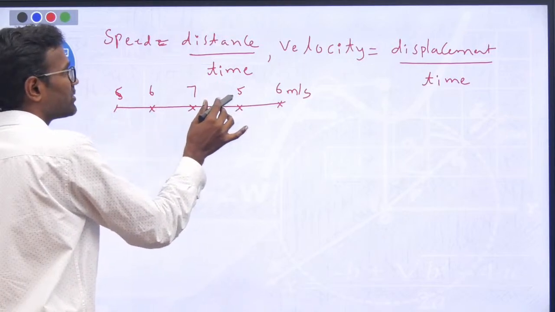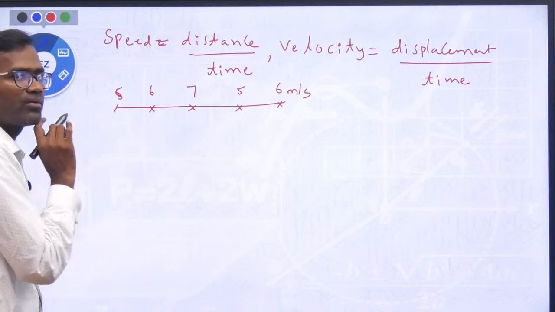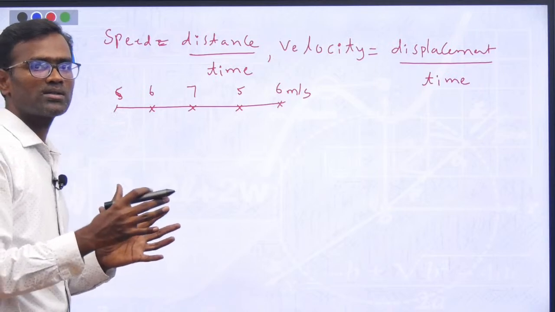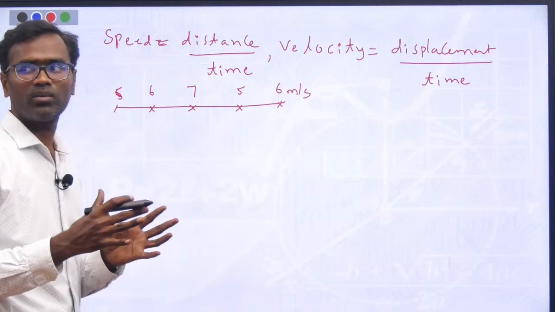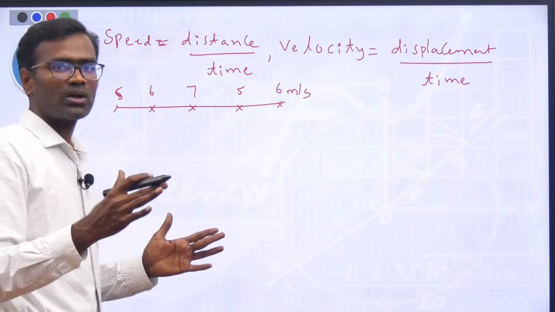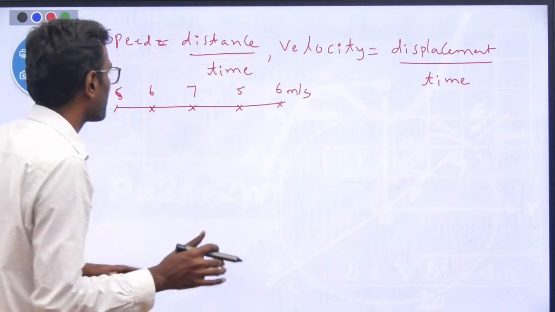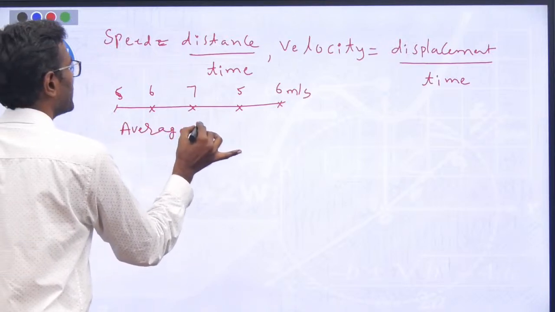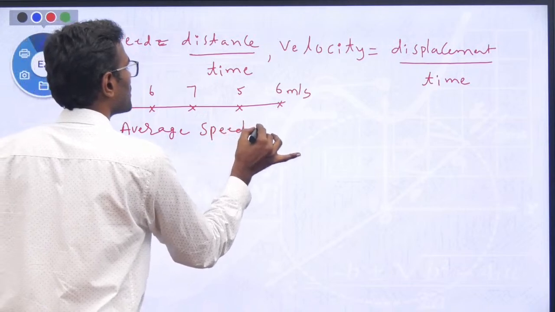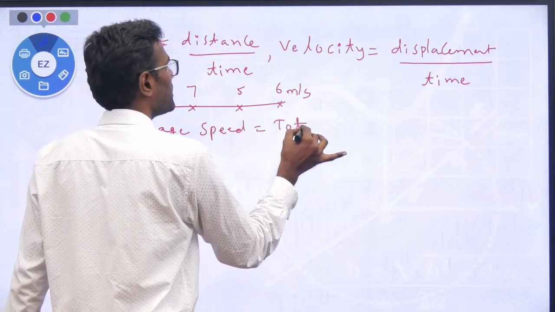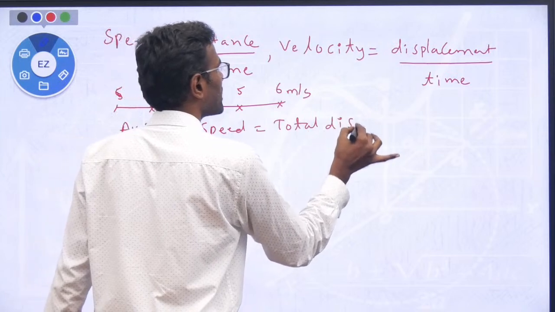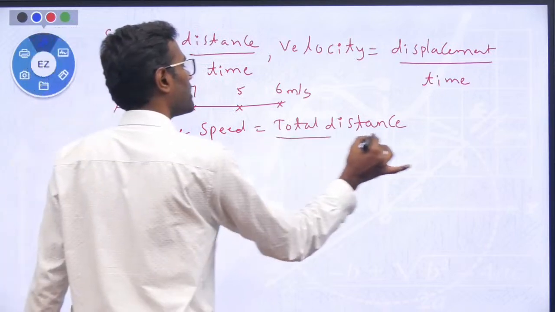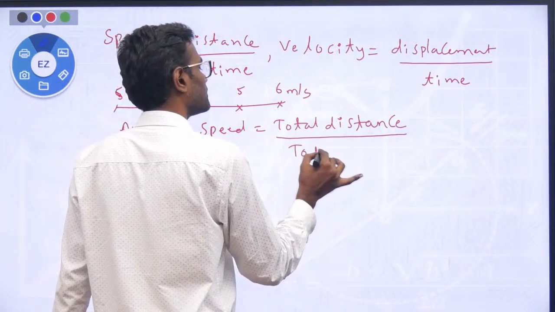So can I take 6, 5, 7, 6 for finding the average speed? Which one should I take? For that we gave one basic formula in the last class: the total distance covered by total time taken. Average speed equals total distance covered by total time taken.